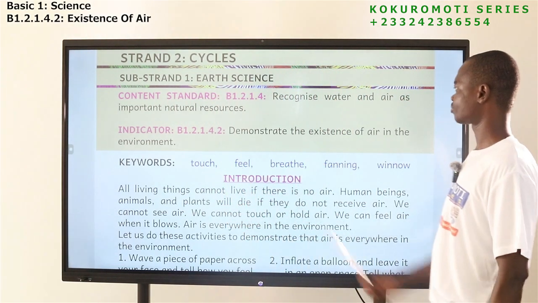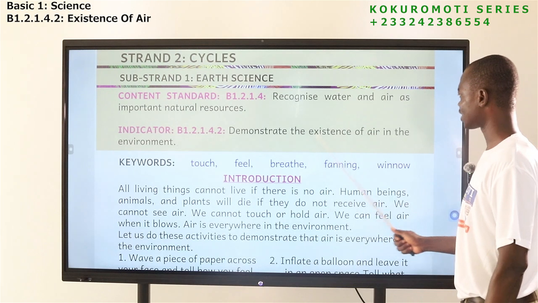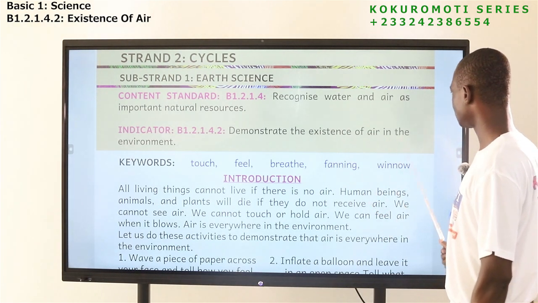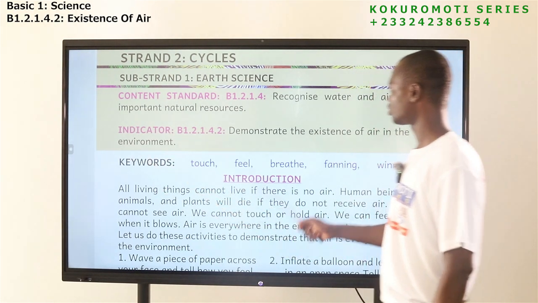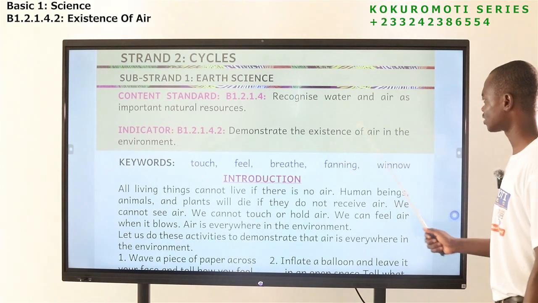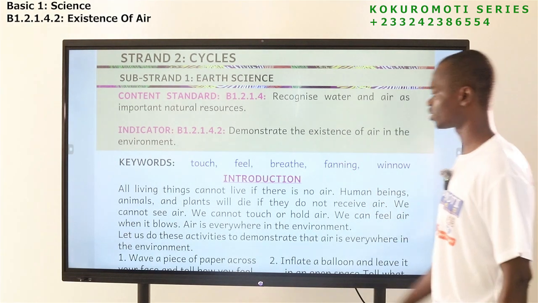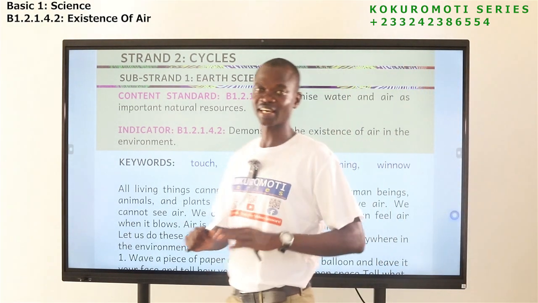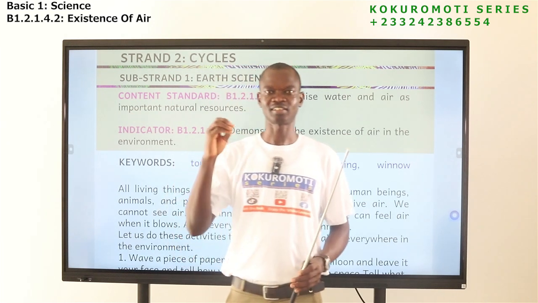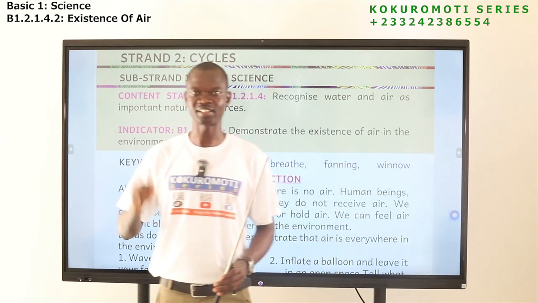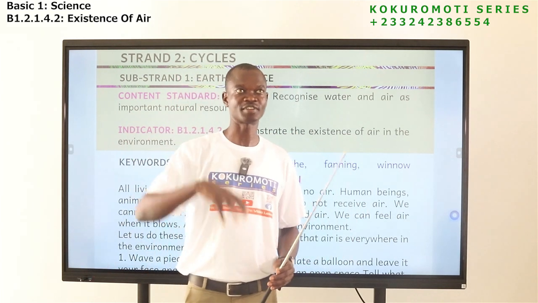The indicator: we are to demonstrate the existence of air in the environment. So today's lesson is about air, the presence of air, the existence of air in the environment.